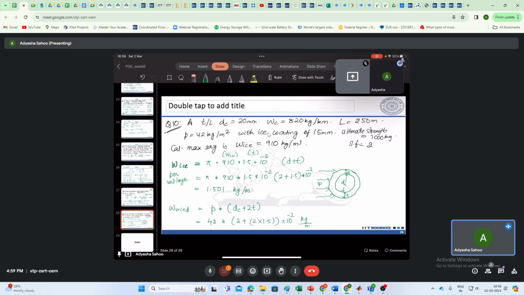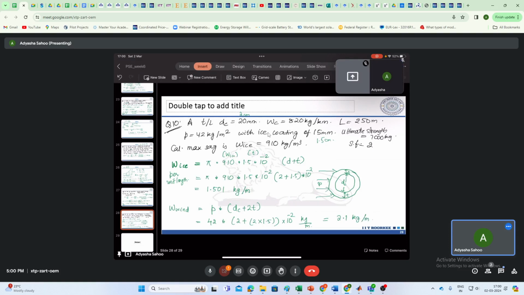Basically this mm we are converting into cm, and then again 10 to the power minus 2 we are multiplying for converting into meter. So this will be nearly 2.1 kg per meter.